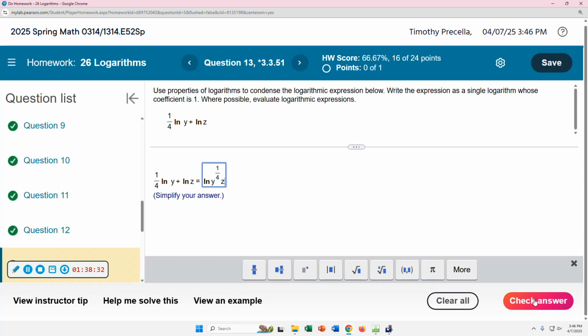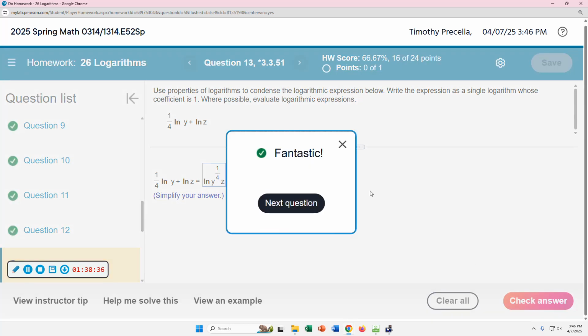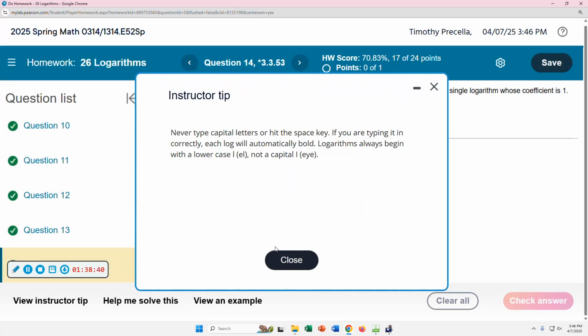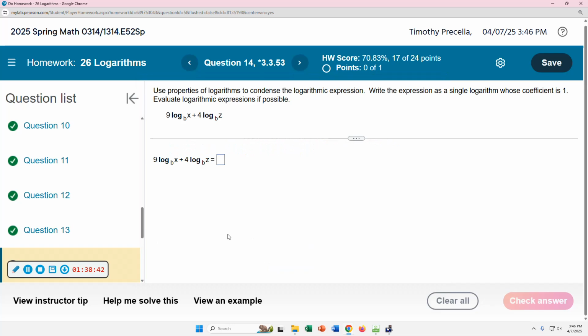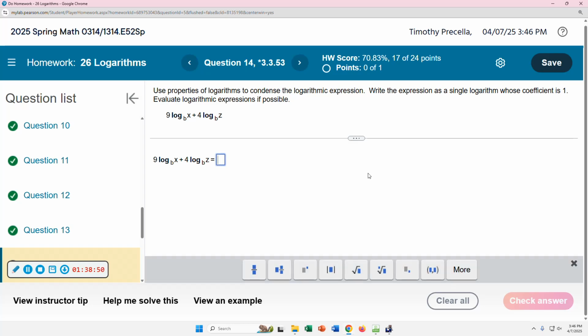Do y'all see how he has it typed in? Do y'all think we can do this one without writing anything? Type the log, I'm gonna subscript type b. Log base b, then get out of that subscript.